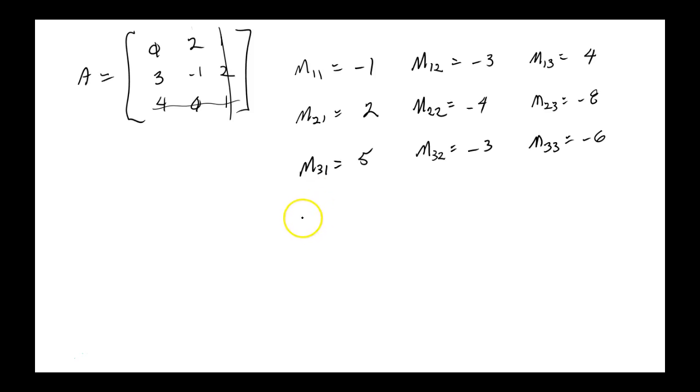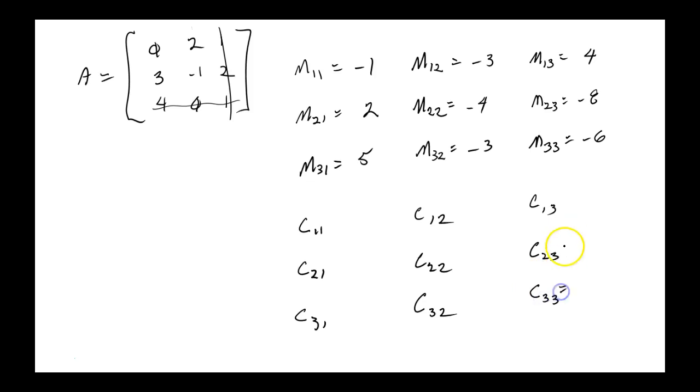I'm just going to write down C11, C12, C13, C21, C22, C23, C31, C32, and C33. Put equal signs after every one of those.